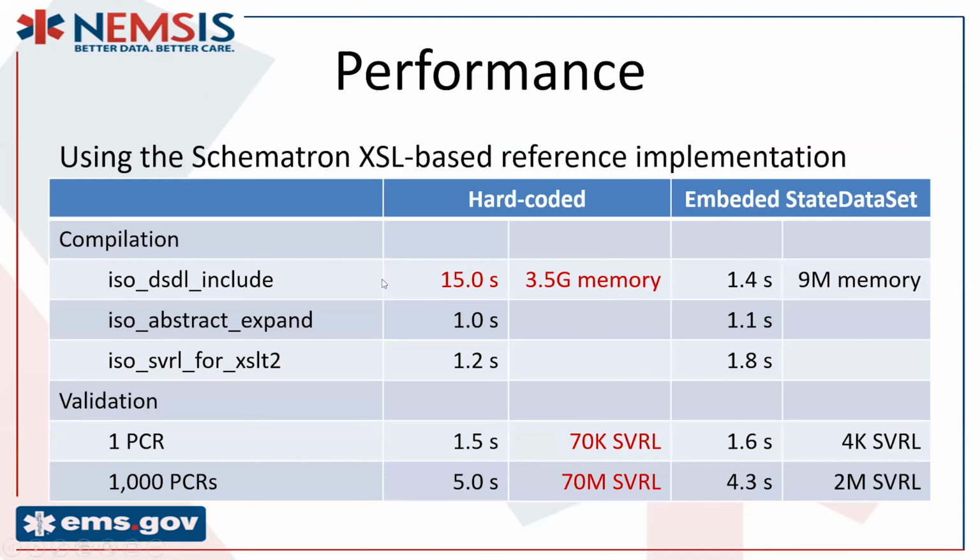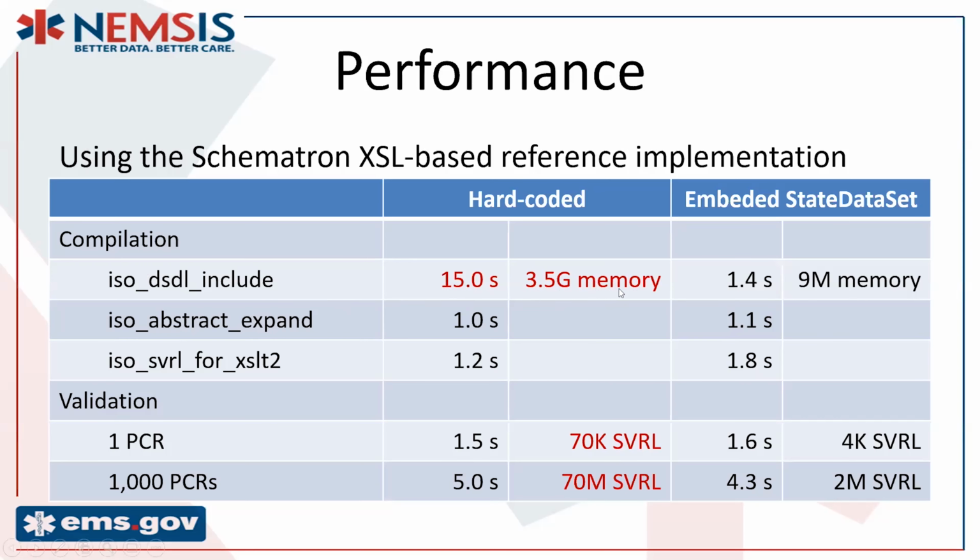I don't really know why technically this is happening, but if software is using the reference implementation of Schematron that has this three-stage compilation process, for whatever reason, that first stage of compilation takes a long time and uses a whole bunch of memory in order to execute successfully. If I allocate anything less than 3.5 gigs of memory, it fails. As I noted here, it takes about 15 seconds to churn through that.